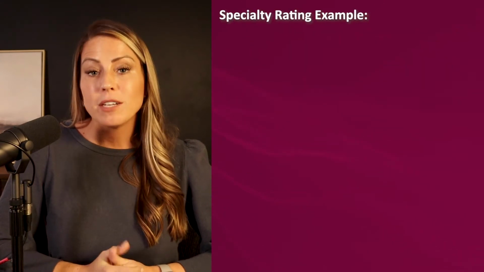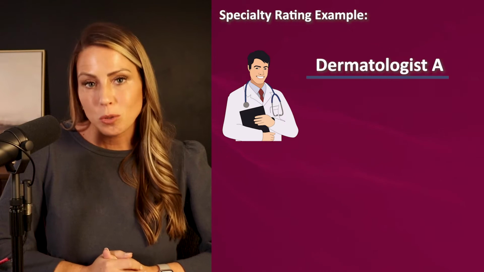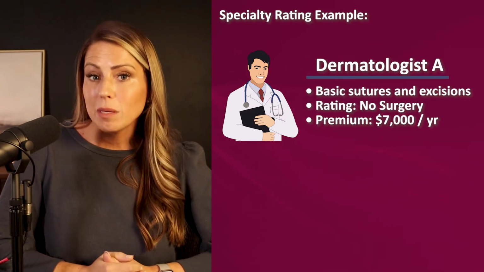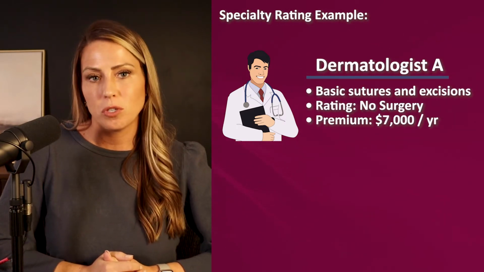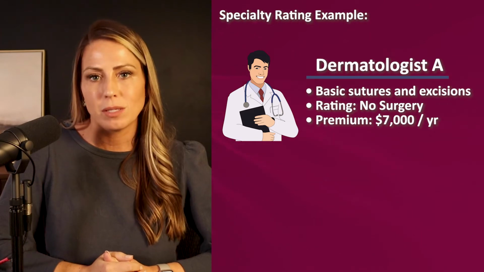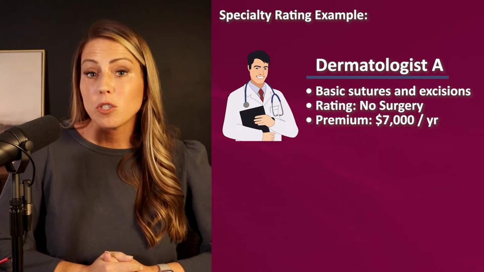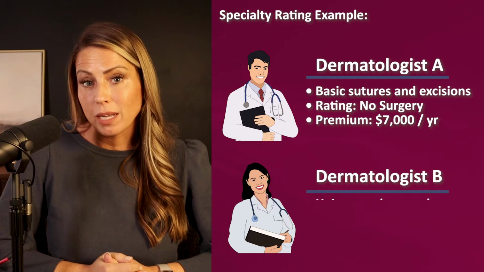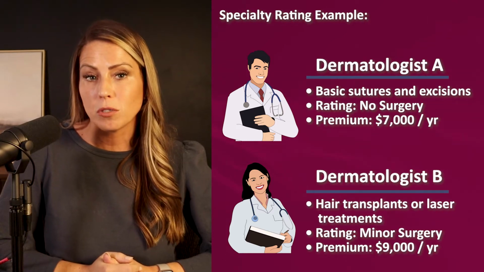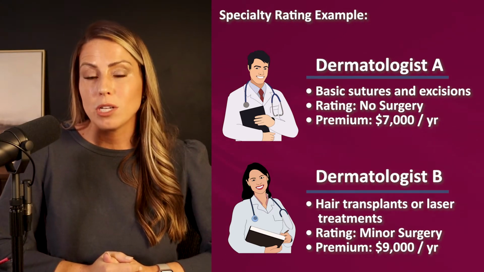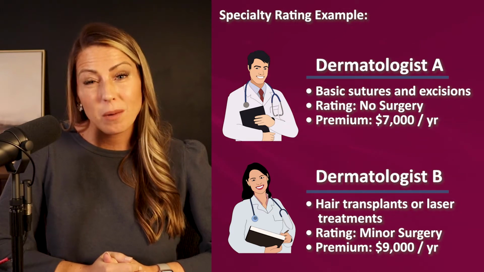For example, a dermatologist doing basic sutures and excisions would likely be rated as dermatology no surgery and might pay around $7,000 a year. Whereas a dermatologist doing hair transplants or certain laser procedures might be rated as dermatology minor surgery and may pay around $9,000 a year.